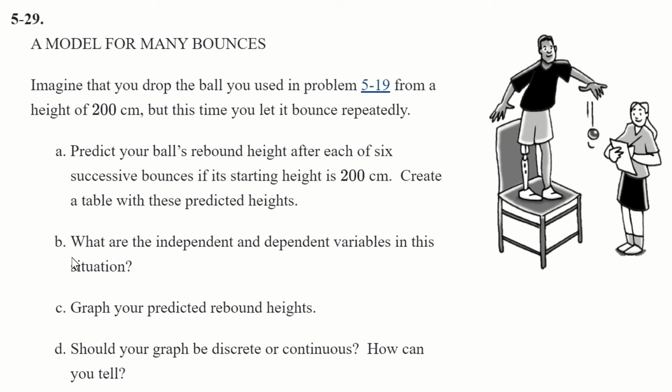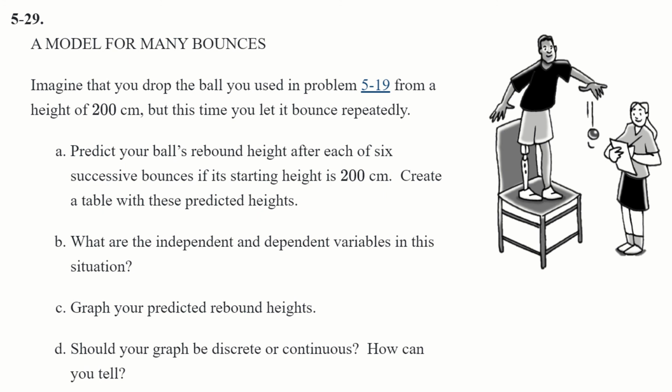Create a table with these predicted heights, and then discuss and decide which ones are the independent and dependent variables in this situation. I think, well, if we think about it, right, the height of the ball really depends on how many times it bounces, right?